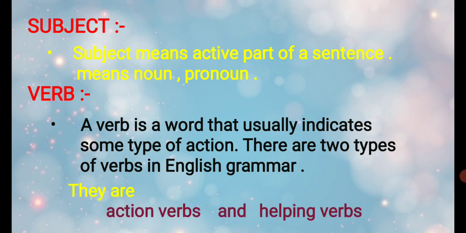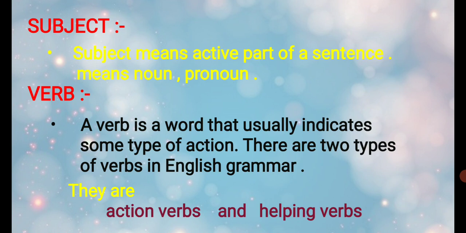They are action verbs and helping verbs. Action verbs means those words which show the action of the sentence, means moves, runs, jumps, skip, eat, write, sleep, etc. They show the action of the sentence, so they are called action verbs, right? And what are helping verbs?